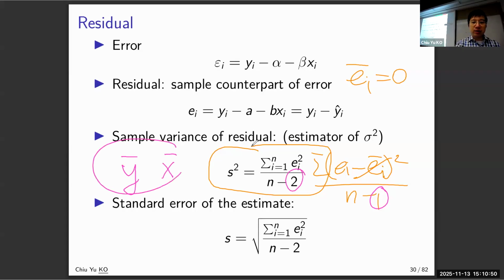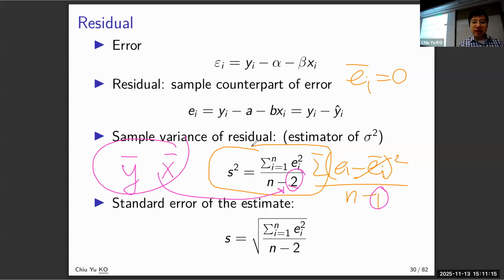You estimate two things, so you subtract 2. That also explains that if you have more than one variable to regress, you subtract K if there are K variables, but that is something you will do next semester if you take 2021. In this case it is n-2.